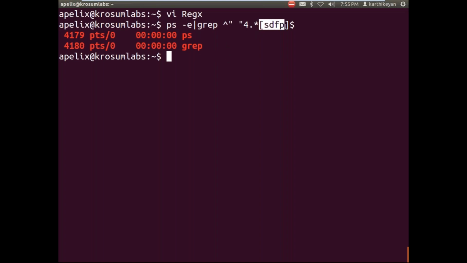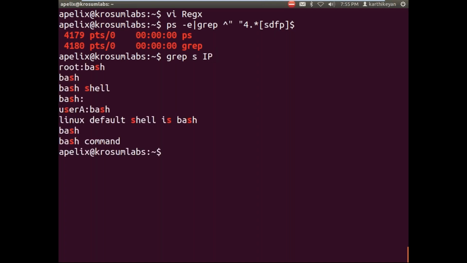So finding more character based. Like with grep, if you say S followed by, you can find the pattern. Wherever S is there, it will get matched.